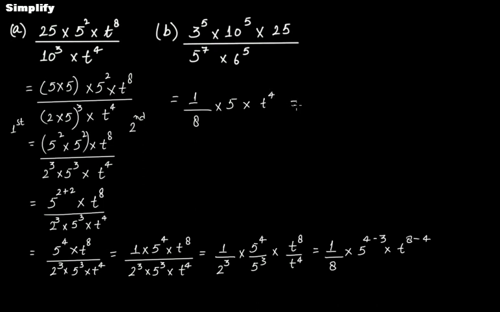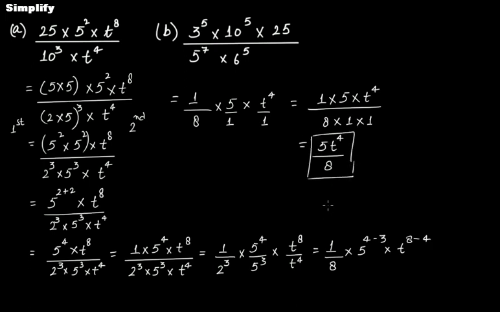Now this can be written as 1 times 5, because this is actually 5 over 1, so this becomes 8 times 1 times 1. So you get 5 t to the 4th power divided by 8. Right? 5 times t to the 4th power divided by 8.